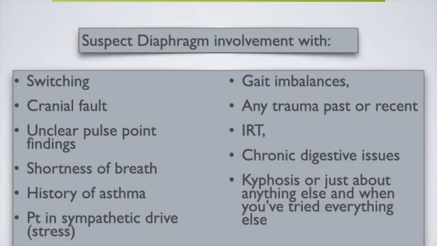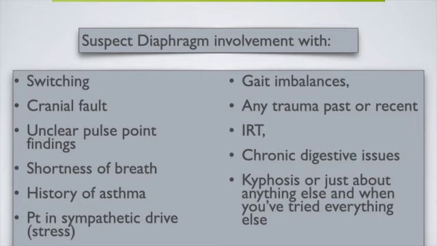Gait imbalances, of course, any trauma past or recent, especially a compressive trauma where someone's fallen, maybe landed and had axial compression up through their spine. IRT is very common with this part of the spine that can be affecting the diaphragm for years afterwards.